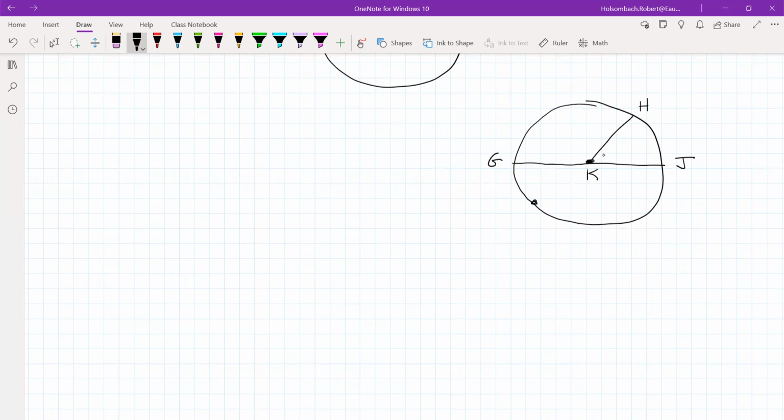We've got point L. And we are told that this angle GKH is 122 degrees. So the first thing we're going to do is find the measure of arc GH. The measure of arc GH is the same as its central angle. So arc GH is 122, isn't it?